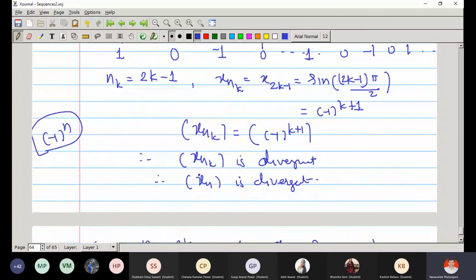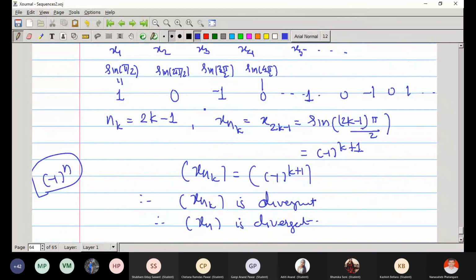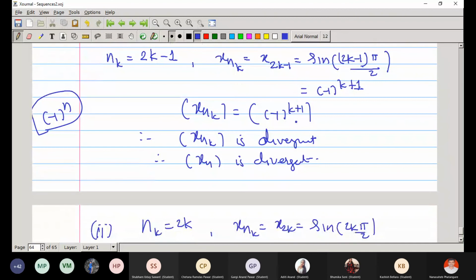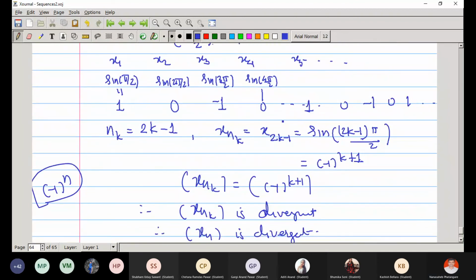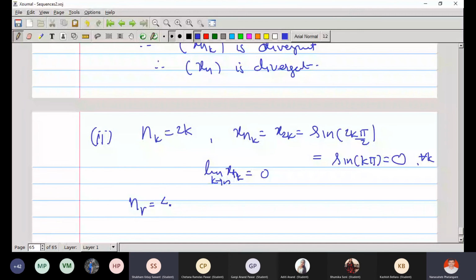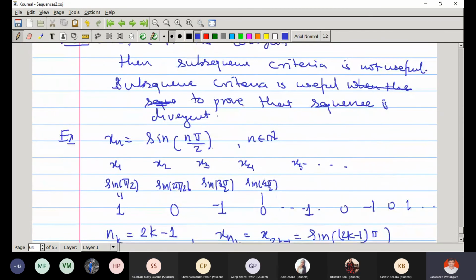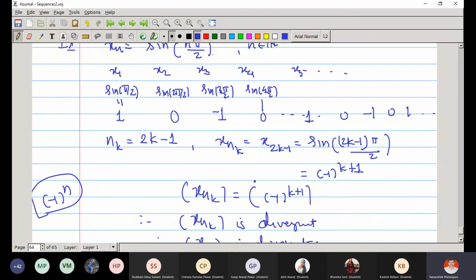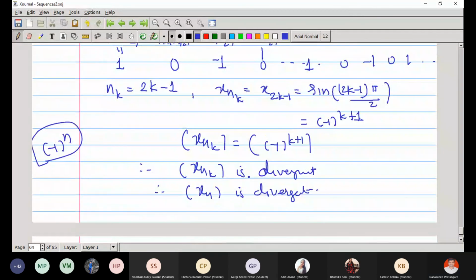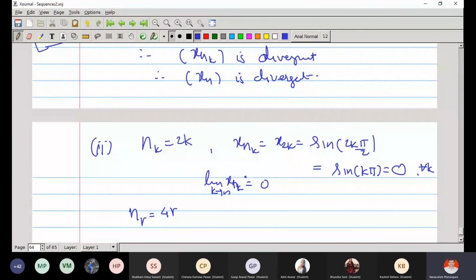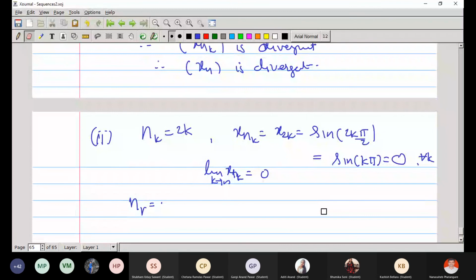Now produce another subsequence nr whose limit is 1. Suppose I choose first, fifth, and so on.